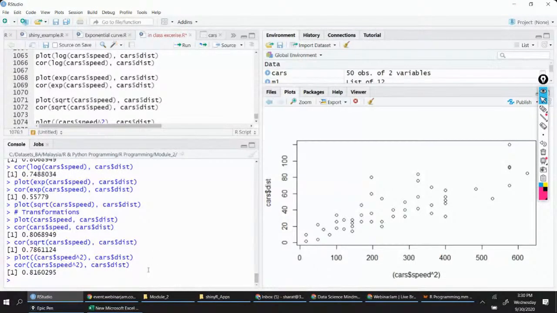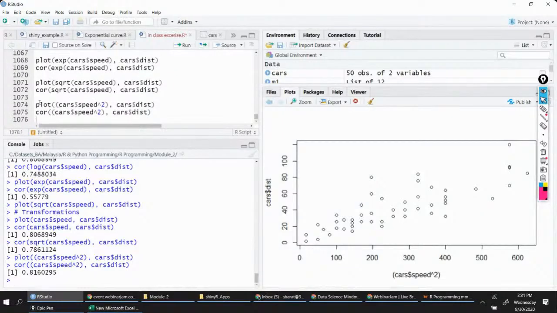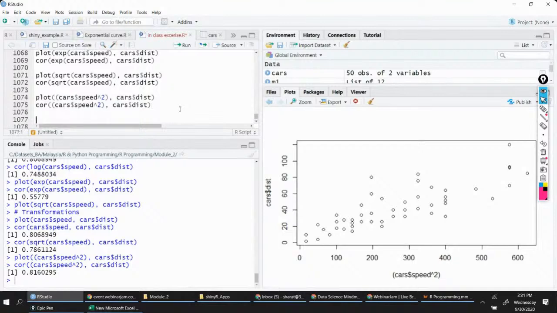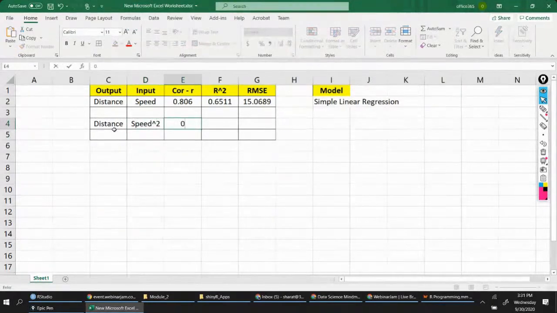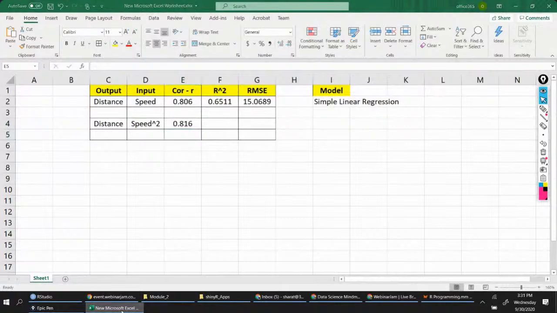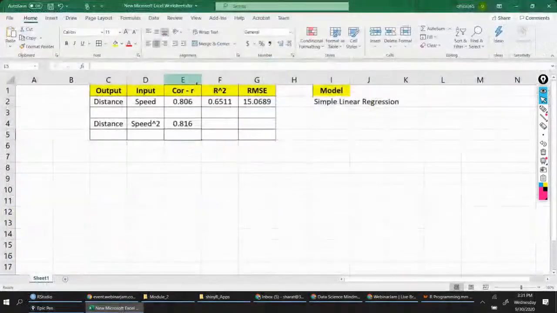So let us try and see what happens if I do with this transformation. Okay, so I have applied x square. So we'll record this. Distance is taken as is. Speed is taken as power 2. The correlation has improved a little better, 1%. Right?